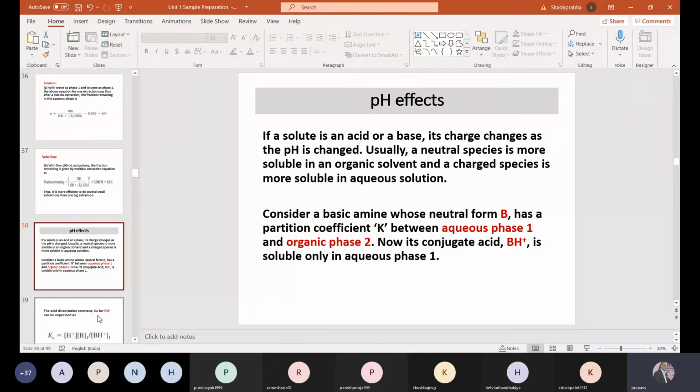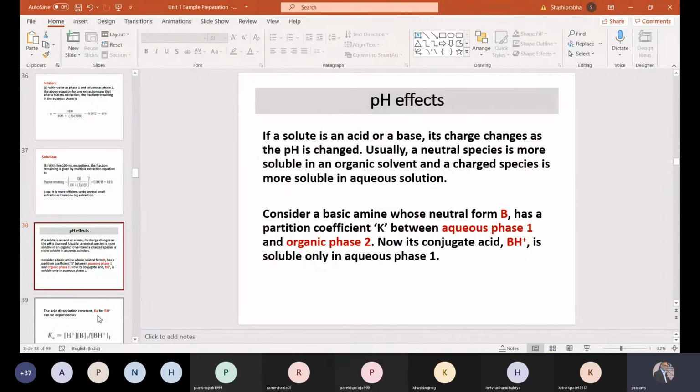It will try to remain in the aqueous phase, so the efficiency might decrease. Under pH effects, we'll study under what conditions we can increase the extraction efficiency, what we can optimize in our sample such that the efficiency remains the maximum possible.